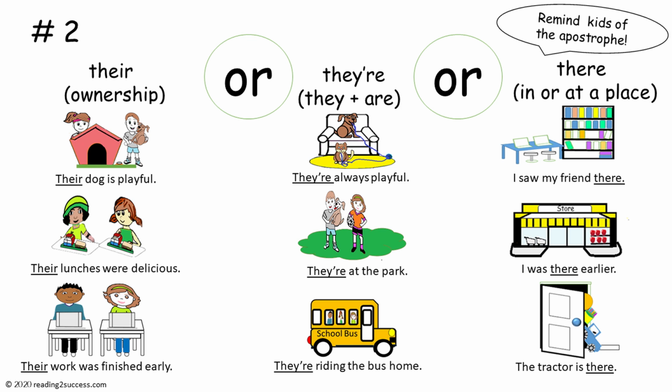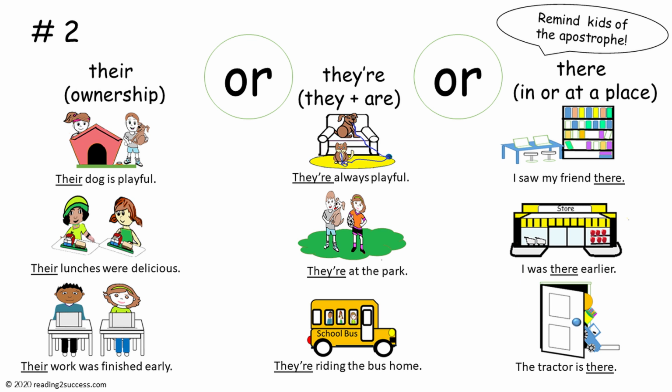Now let's go to the contraction they're, meaning they are. They're always playful. They are always playful. They're at the park. They are at the park. They're riding the bus home. They are riding the bus home.